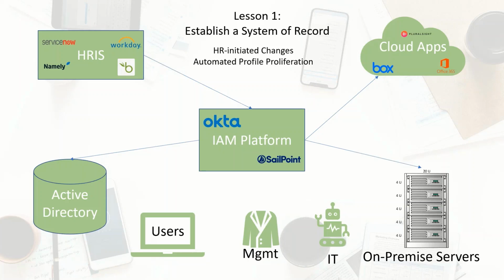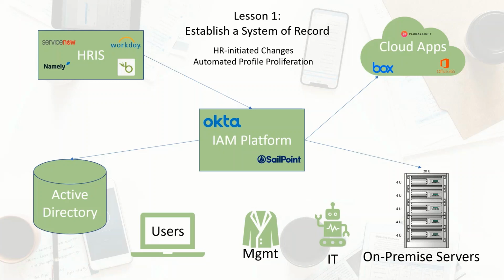Some organizations will do it where their HRIS feeds directly into Active Directory and then into our identity platform, and that's fine as well. There's several different ways for getting this done. This tends to be what we find is the most direct, though, is that the identity platform becomes the centralized hub for getting users provisioned into their applications and ensuring that access is direct in that respect.